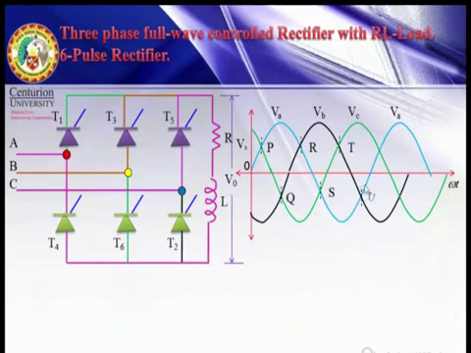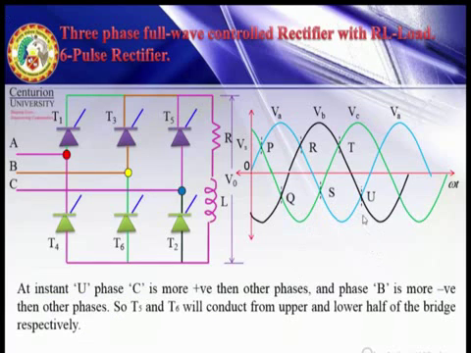Next, at instant U. Tell me, which is more positive at instant U? Vc is more positive. Vc is more positive means which is connected to positive group? T5. T5 is connected to positive group of phase C. Then which is more negative? Vb is more negative. So which is connected to negative group in phase B?